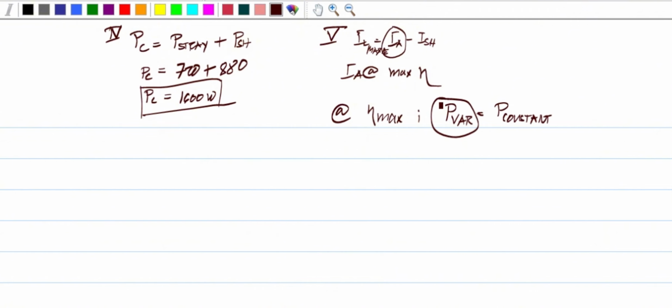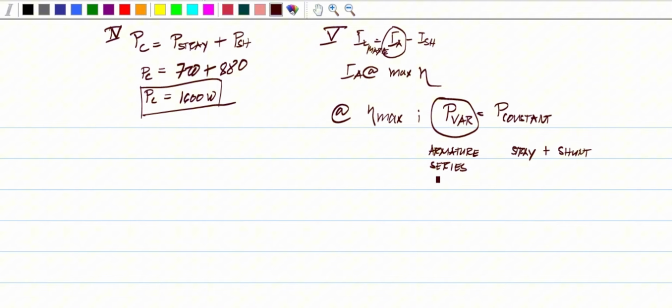Now the variable losses are armature loss, series field loss, interpole field, and windage loss. While P constant is the stray loss plus shunt loss.